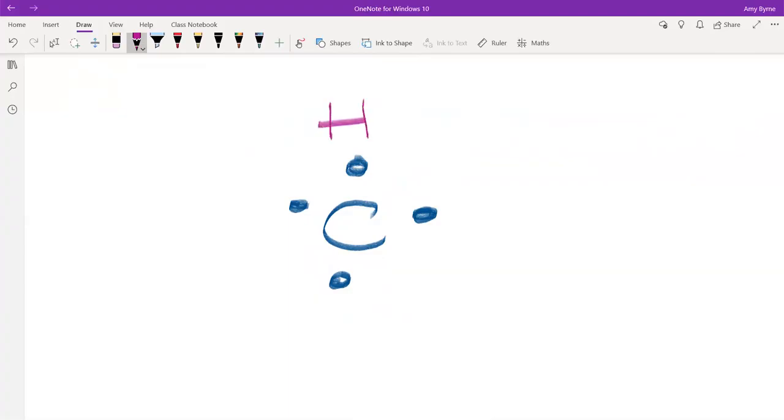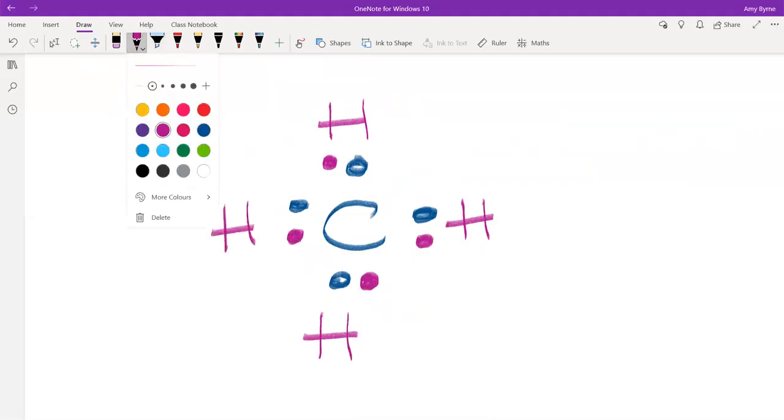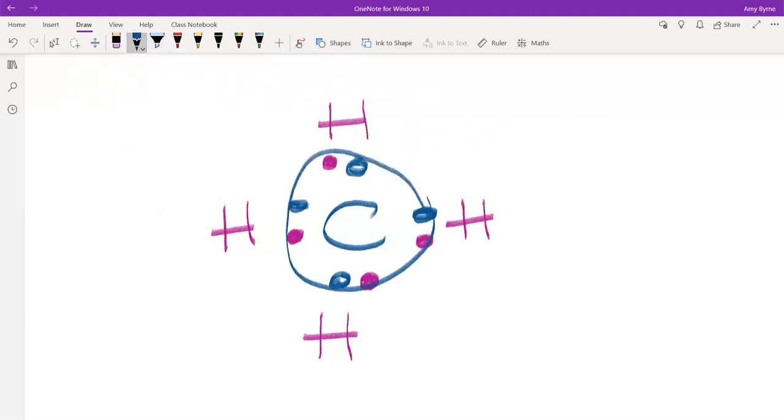So, for example, it can share this electron with a hydrogen, this electron with a hydrogen, this electron with a hydrogen, and this electron with a hydrogen. Oh, sorry, that's not terribly clear.